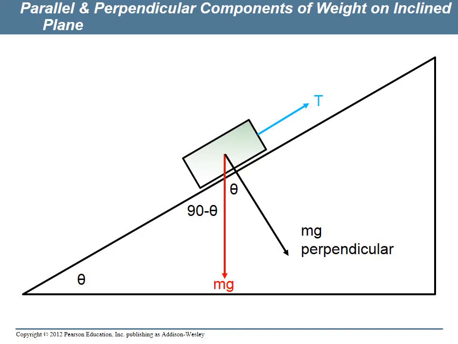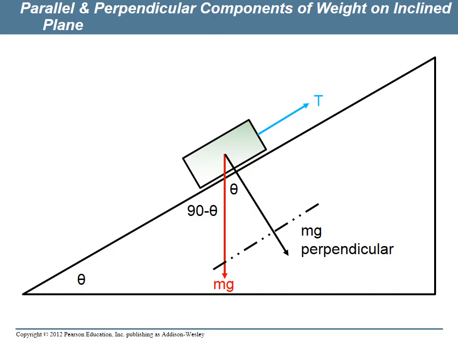So what we're trying to do is get another triangle here that we solve for perpendicular and parallel components. Because the parallel component would be like this, right? This would be the direction of the parallel component. And the magnitudes are not drawn to scale here.